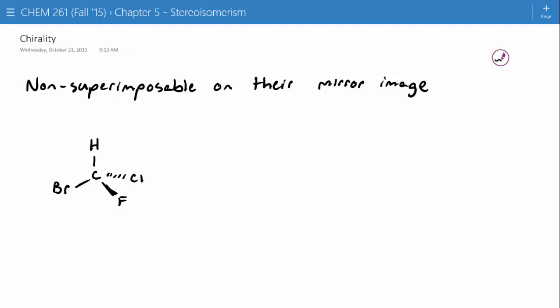Would this be considered a chiral molecule? Yeah, and the way you can check if a molecule is chiral or not is draw a pretend mirror. So that's my pretend mirror. And then redraw the mirror image of the molecule.